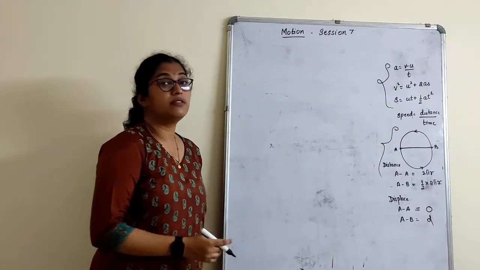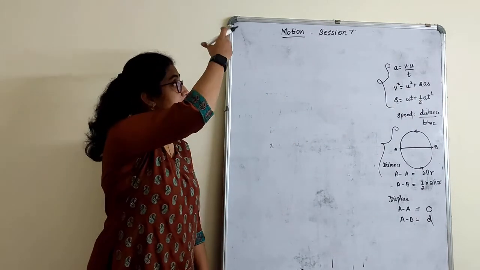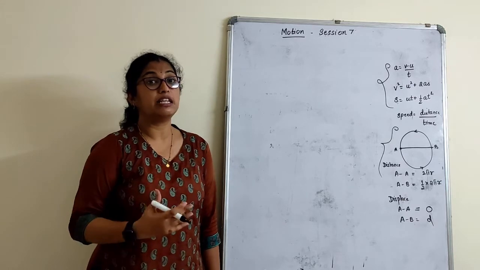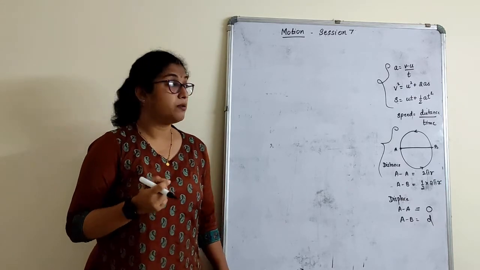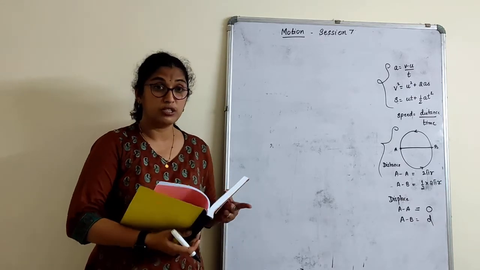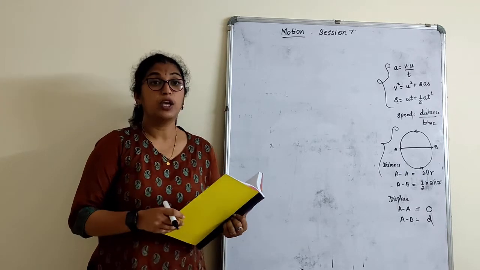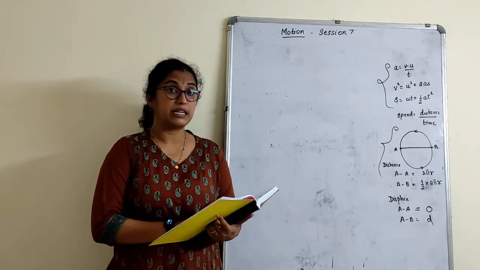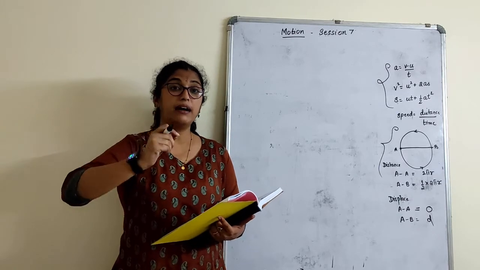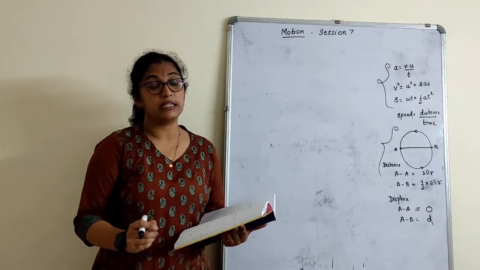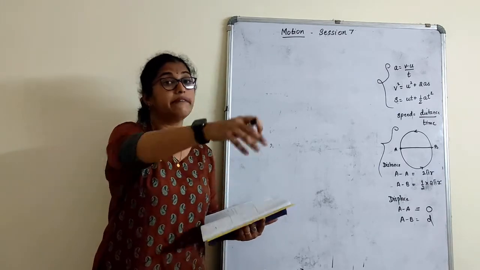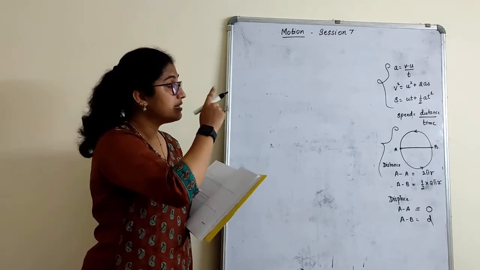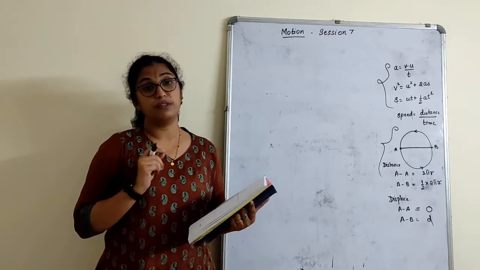Basically, I have seen, children, if the data is given, then easily you can solve the sum. But the problem here is you need to read the question, understand what is given. What you have to understand here basically is a body is moving with the velocity. When a body is moving with the velocity, that means that is the initial velocity of the body.